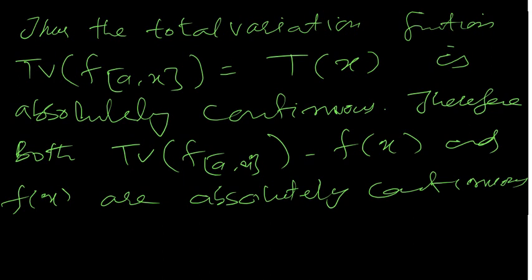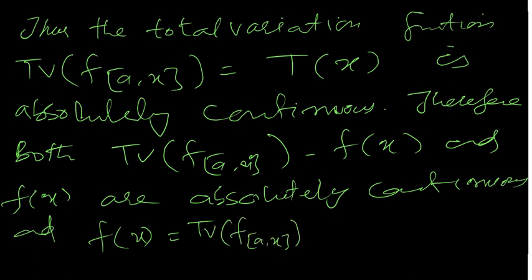So both the functions are absolutely continuous, and this f of x is actually the difference of these two functions. It is equal to the total variation of f over the interval a to x minus f of x, plus f of x. So it's the difference of two absolutely continuous functions. So that proves the theorem completely.